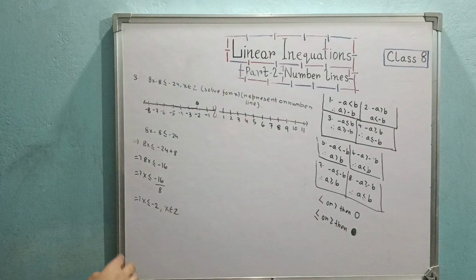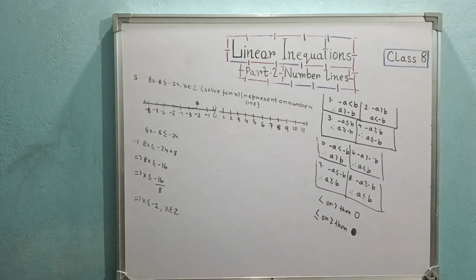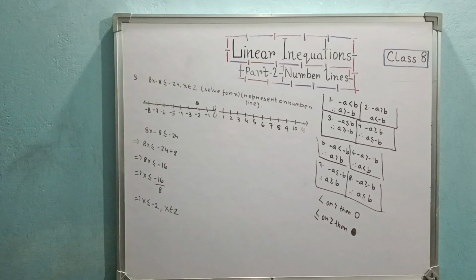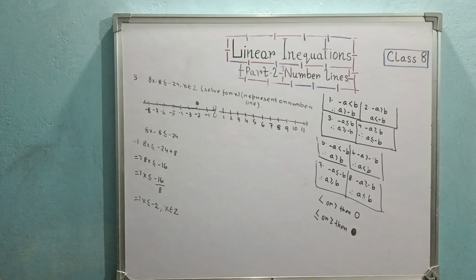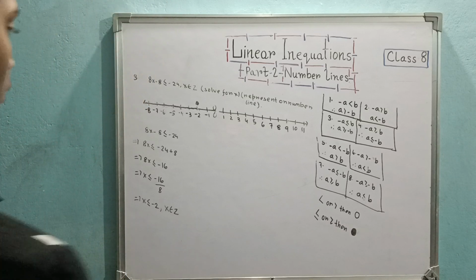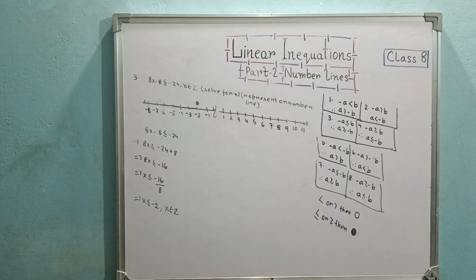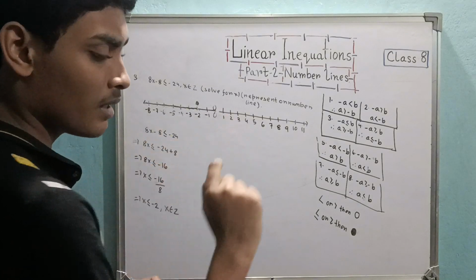The rule is, if the less than or equal to or greater than or equal to sign is there, then put a darkened circle on the given number. So we have done that. That's the number line for this question. So focus on the rules and see the equations. You can get the sets and see whether it's endless or not. If endless, use these two rules. And if not endless, they are a defined number of values, so mention them separately.